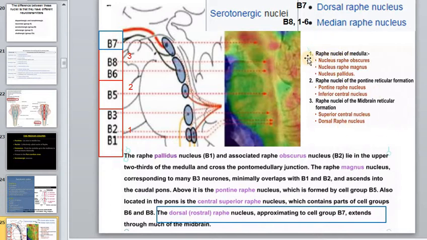As you see, these three areas belong to different anatomical structures of the brainstem and were given numbers. The first group is the nucleus of the medulla oblongata, the second the nucleus of the pons, and the third group the nucleus of the midbrain.